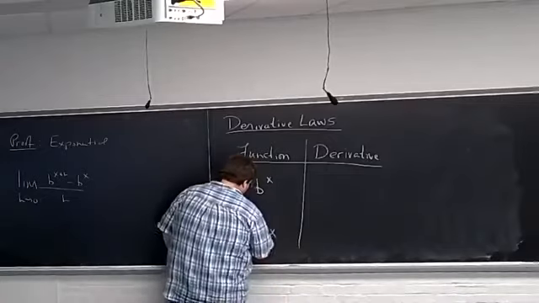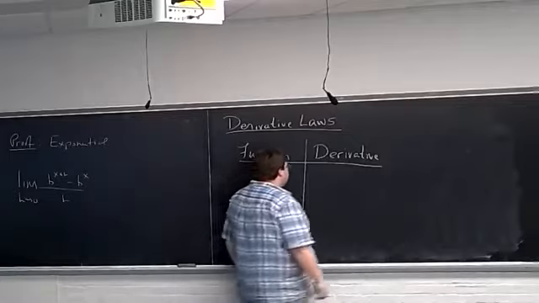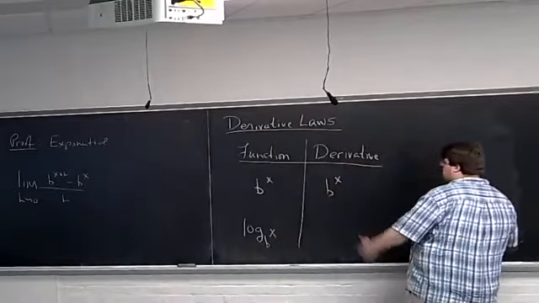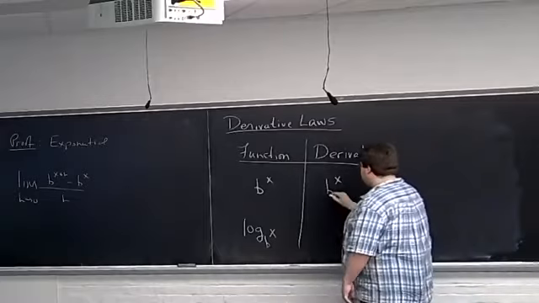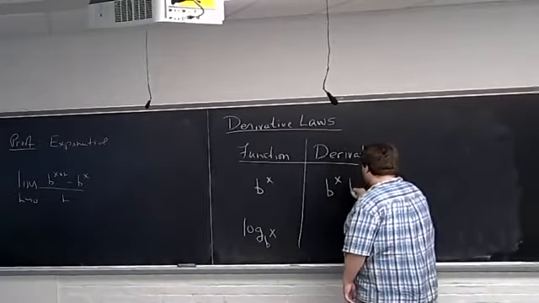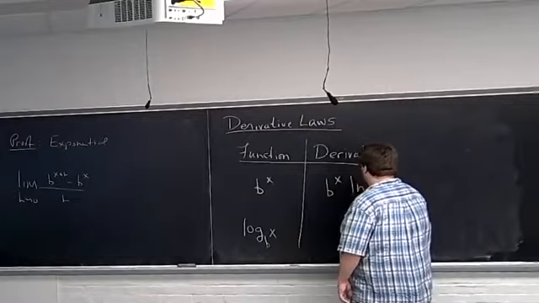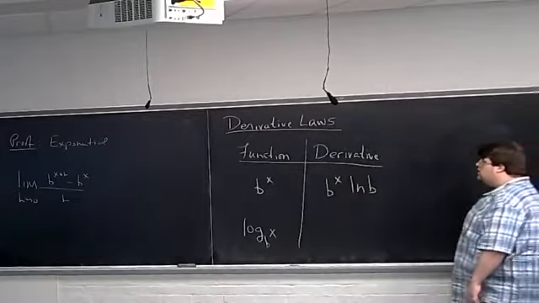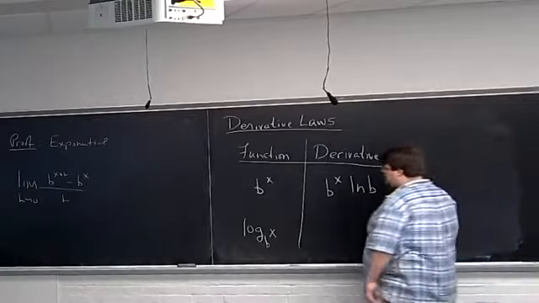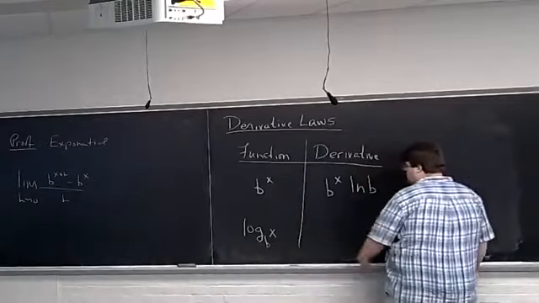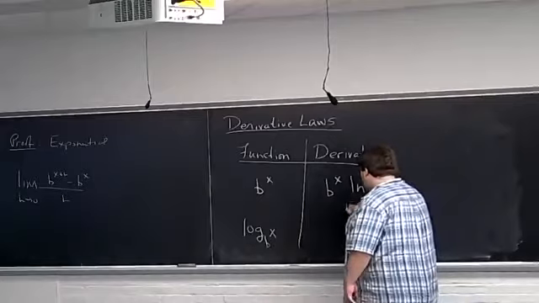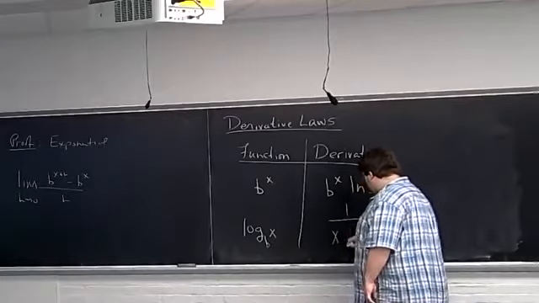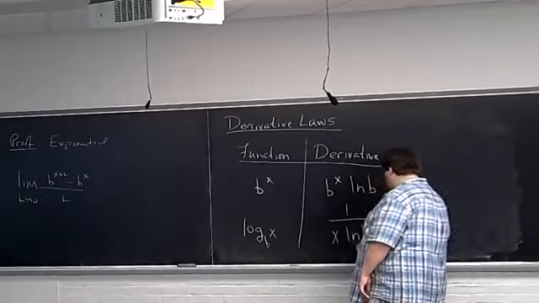Well, they're similar to the natural rules, but instead of the derivative of the general exponential being itself, it differs by a constant: b to the x times the natural log of b, the base. And here we also multiply by the natural log of b, but we multiply in the denominator, meaning we divide.